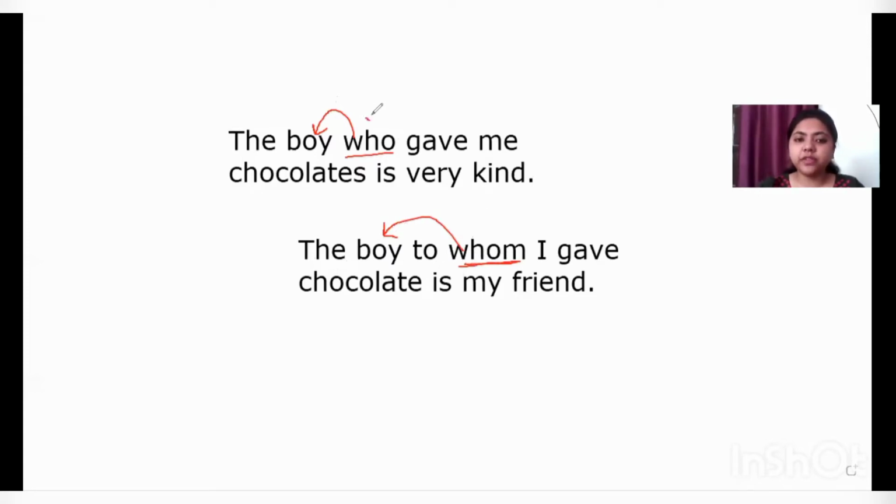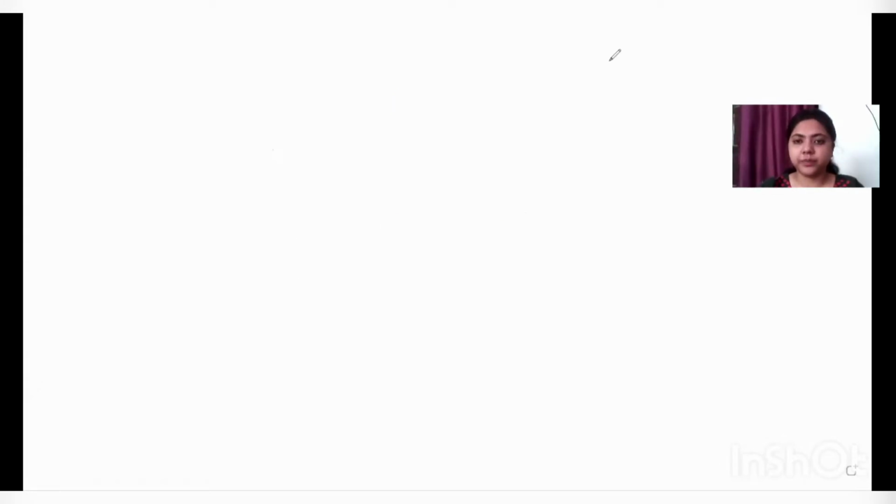So this is the difference between who and whom. When we use who, that means the noun is the performer of the action. And when we use whom, that means the noun is the receiver of the action. All right.